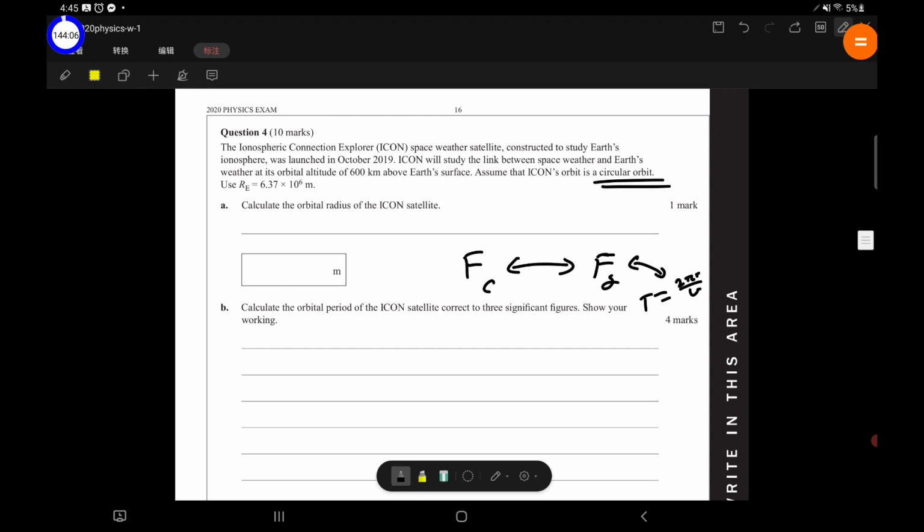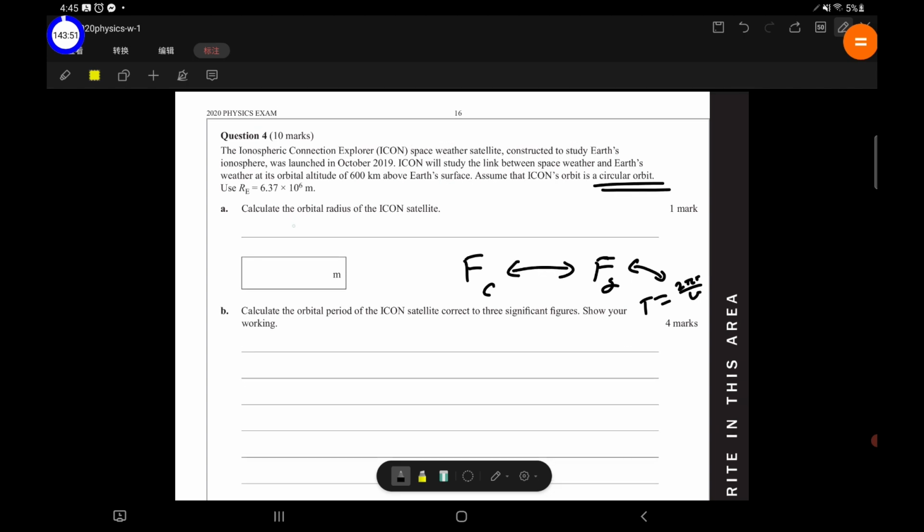Okay, so we also did this question in our reading time. Calculate the orbital radius of this satellite. So let's do that real quick. We're given the radius of the Earth, and we're also given the altitude. Remember, guys, the altitude is the distance from the surface of the Earth, right? From the surface. That's a really important term.